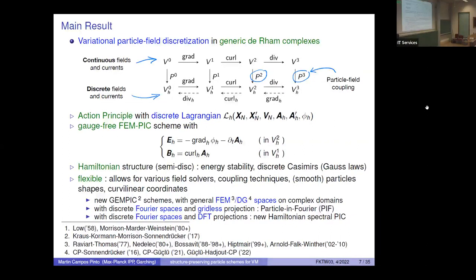where the whole coupling is described by this commuting de Rham diagram, which is well known in the analysis of structure-preserving finite elements. I quote a few works that have been done since the 70s and up to the last decade, where a very important unifying analysis has been done by the Arnold-Falk-Winther group.